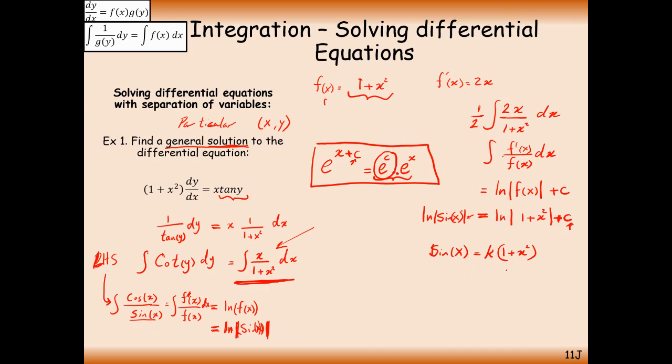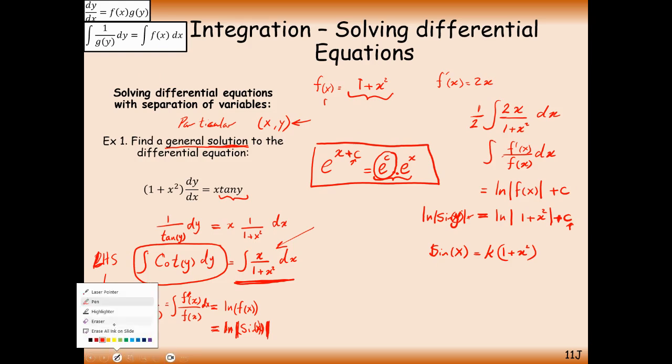Now this is called the general solution because we don't have an actual x and y coordinate to substitute and figure out the answer. Actually, there is a mistake here. I integrated this with respect to x. Everything was in terms of y. So let me just correct that. The sine should be in terms of y. This function is in terms of y.